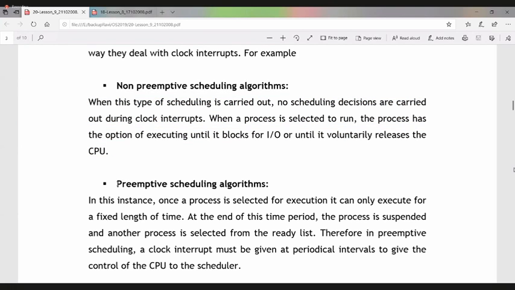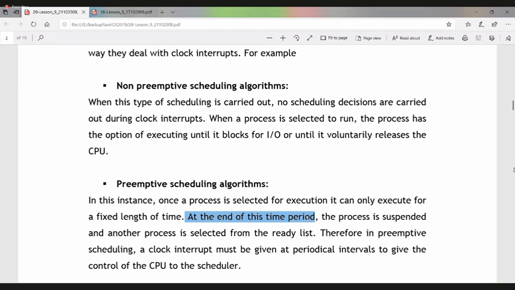Second type is called preemptive algorithms. So it is the other side of this. In this instance, once a process is selected for execution, it can only execute for a fixed length of time until the next clock cycle, clock interrupt.